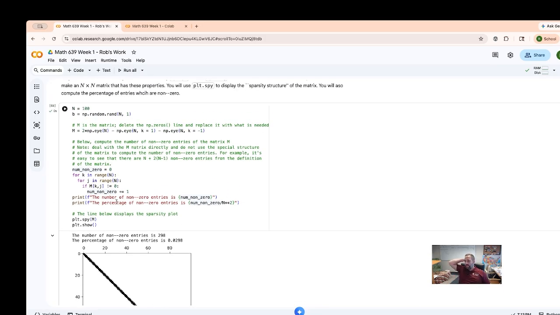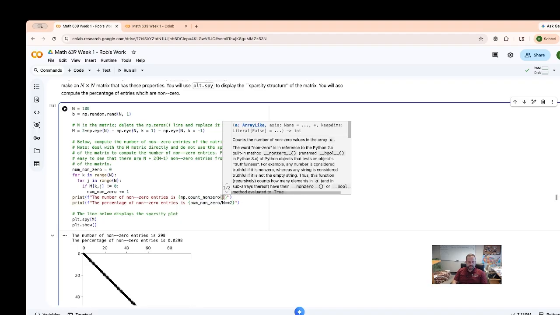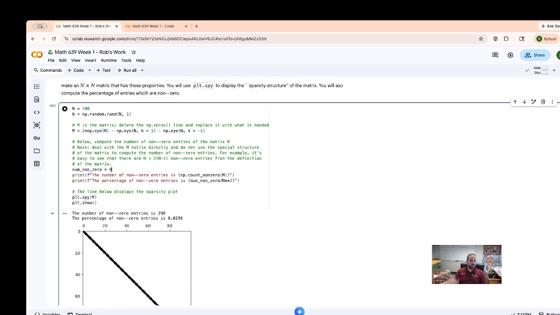Now this definitely works, but there is a built-in NumPy function for this. So we're going to use np.count_nonzero of the matrix M, and totally get rid of all of this, because whenever we have the chance to use a built-in NumPy function, that's what we want to do.